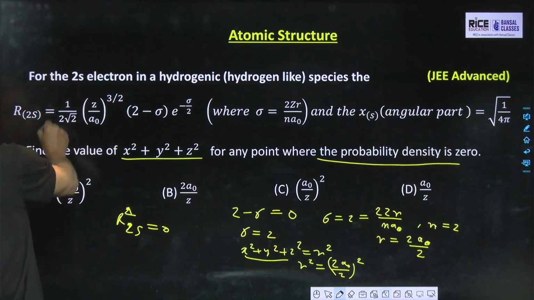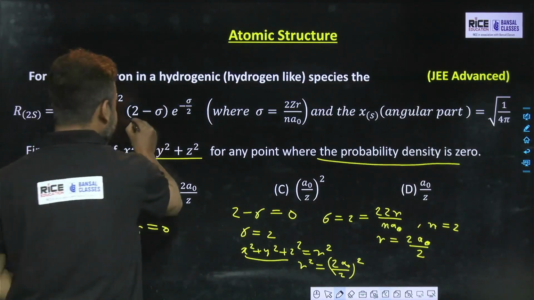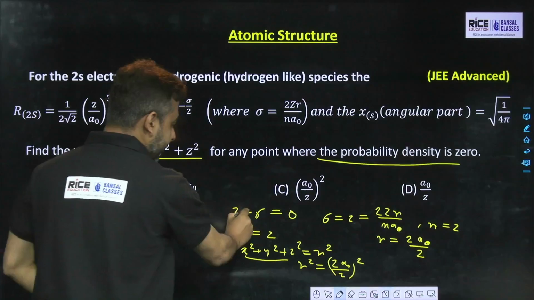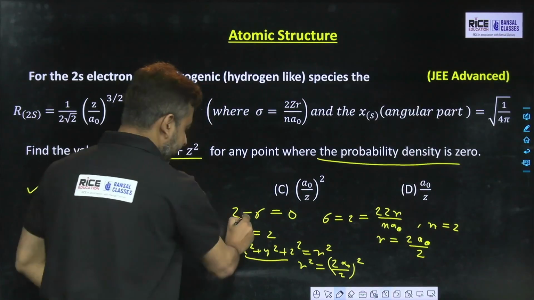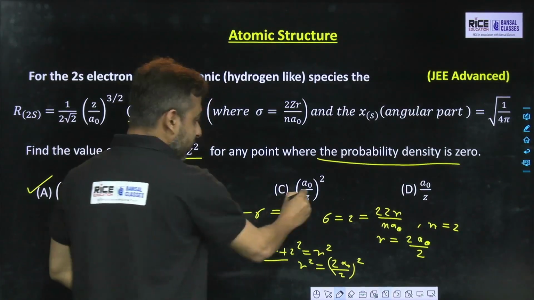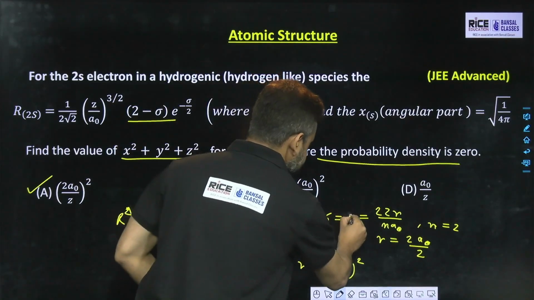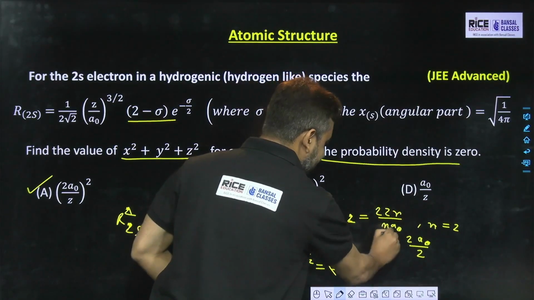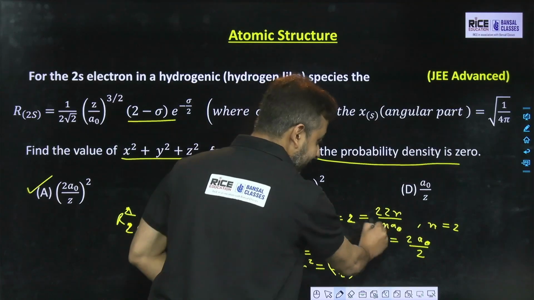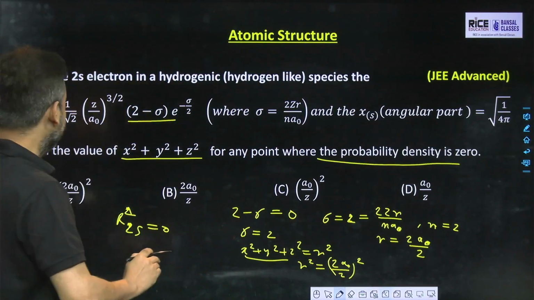So the value of this wave function will be 0 when 2 minus sigma is 0. So 2 minus sigma equals 0, then the value of sigma is 2. Sigma is given as 2Zr by n a naught. Here we need to put n as 2 because they are talking about the 2s orbital.